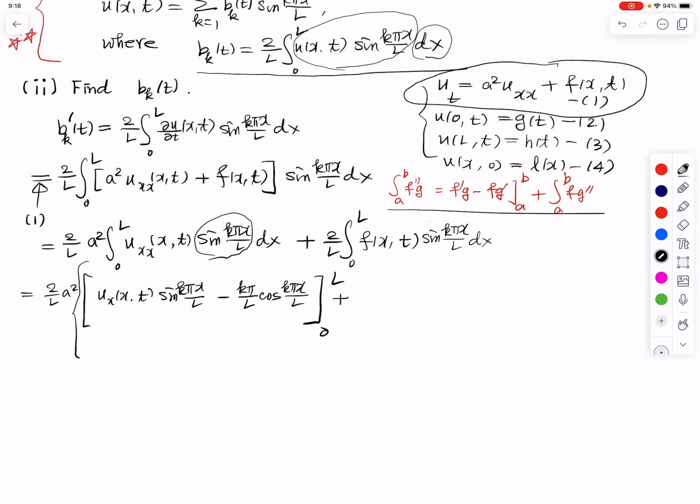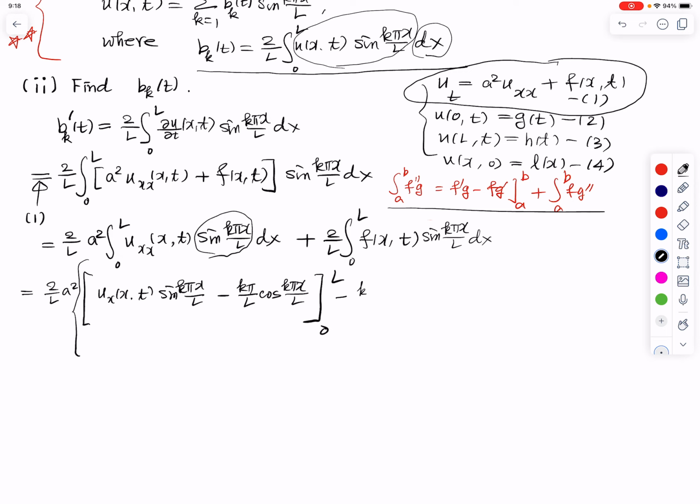So you will have minus k squared pi squared divided by L squared, times the integral from 0 to L of u(x,t) sine(k pi x divided by L) dx, closing the big parenthesis, and then I just put 2 divided by L outside.